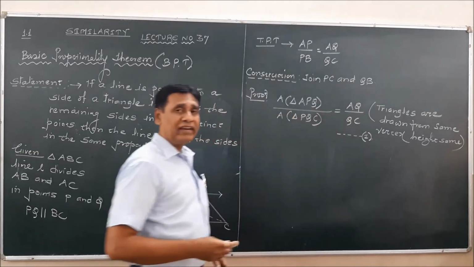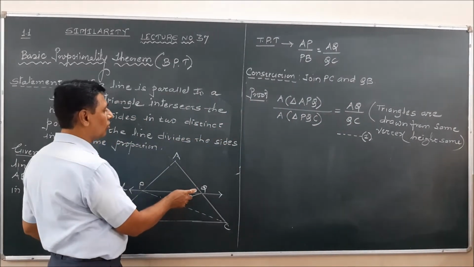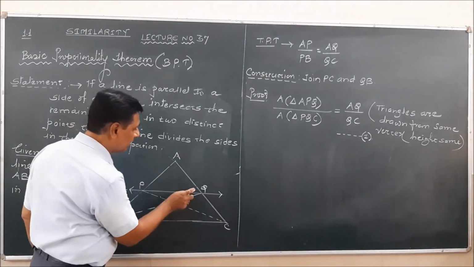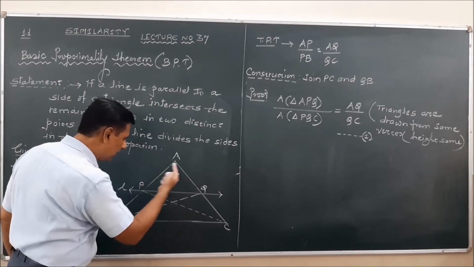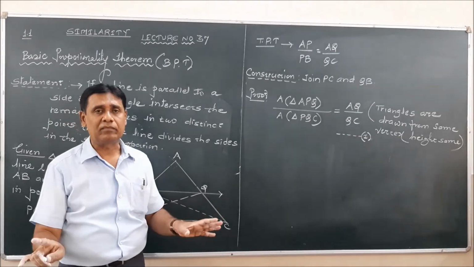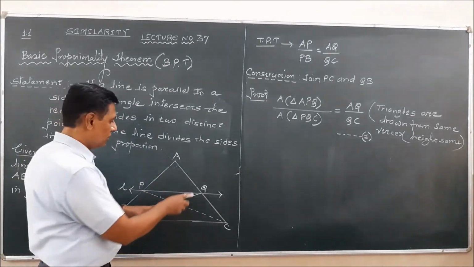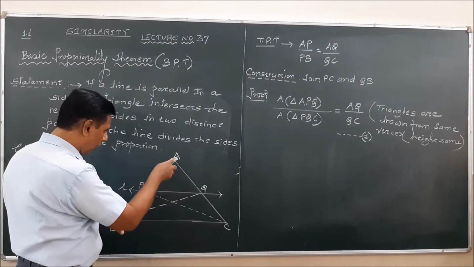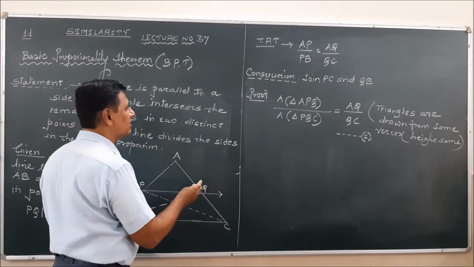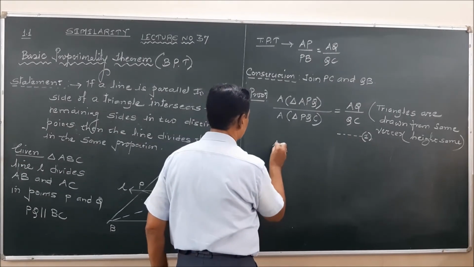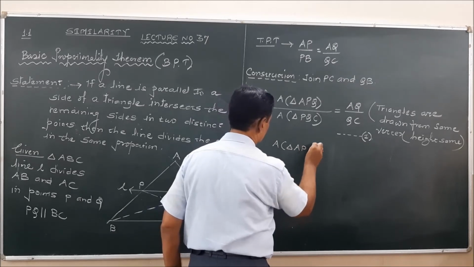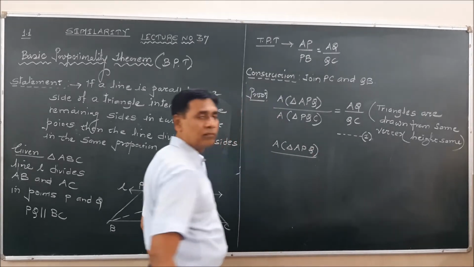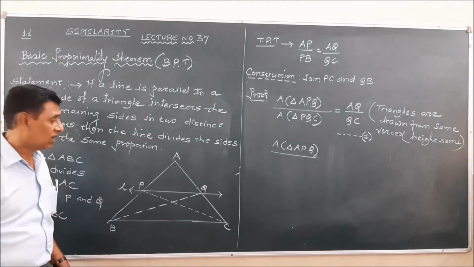Now I'm going to find out the triangles drawn from vertex Q. QAP or APQ is one and the same. Try to understand this. So I'll write here area of triangle APQ upon area of triangle QPB.